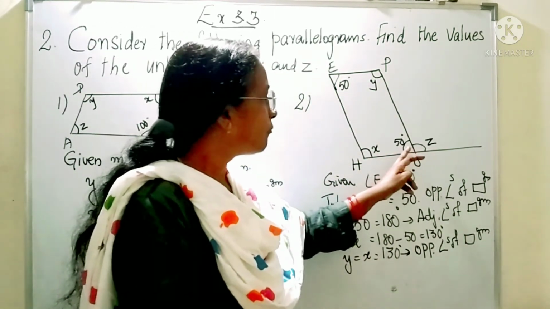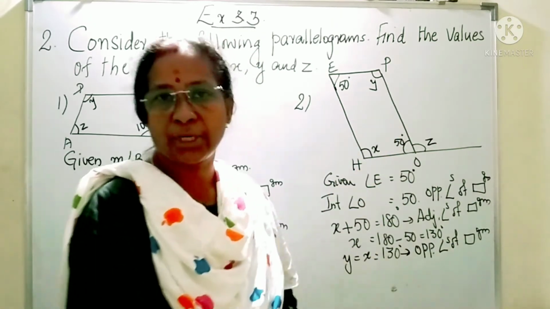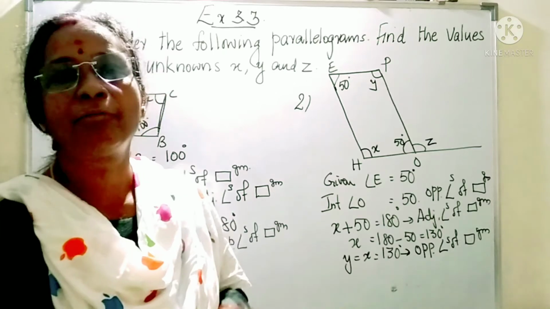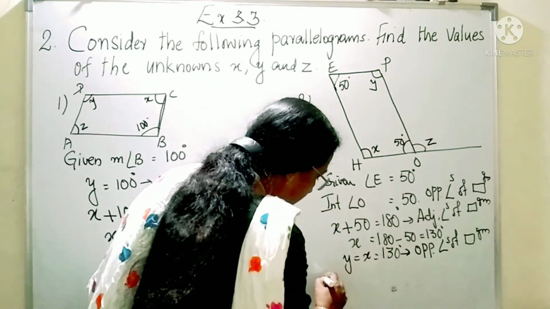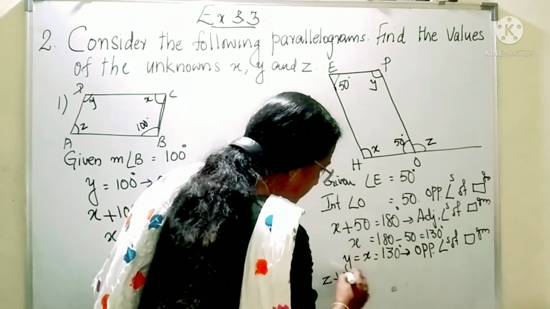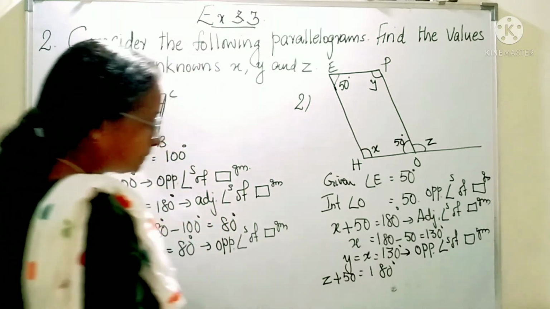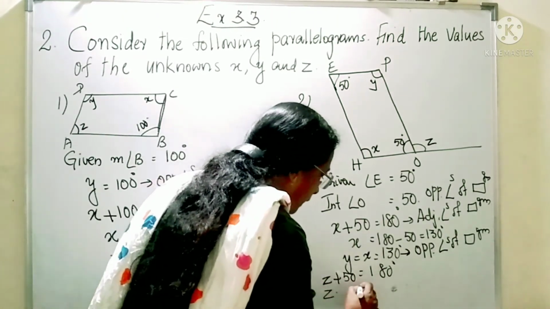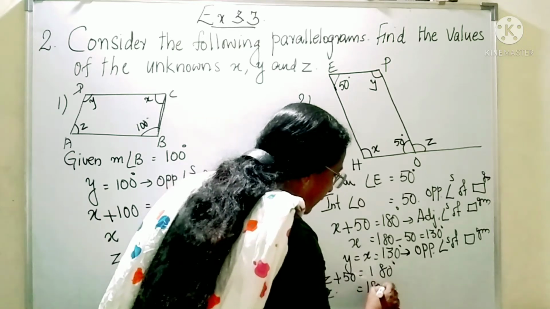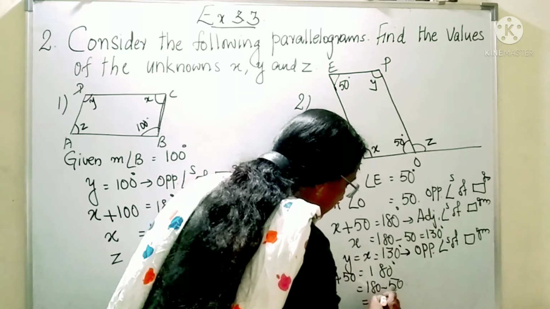Here 50 and Z, interior angle and exterior angle at the same point, form 180 degrees. So here Z plus 50 is equal to 180 degrees. So Z is equal to 180 minus 50, which is equal to 130 degrees.